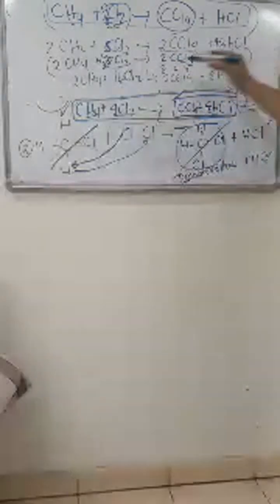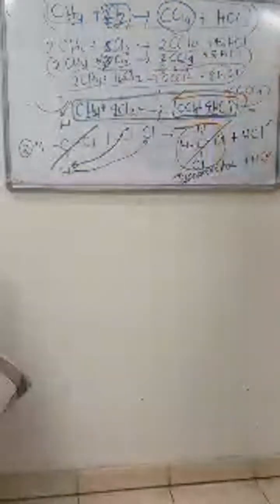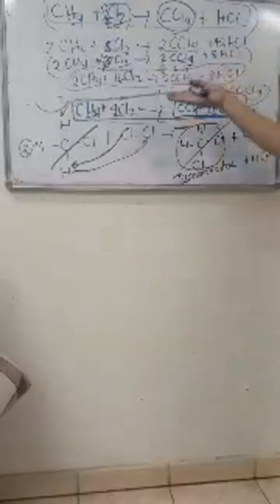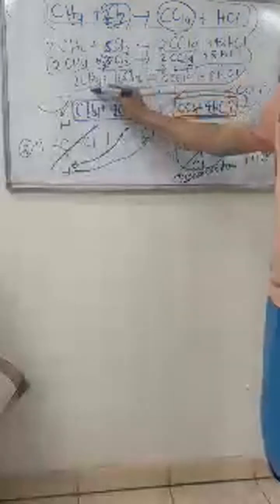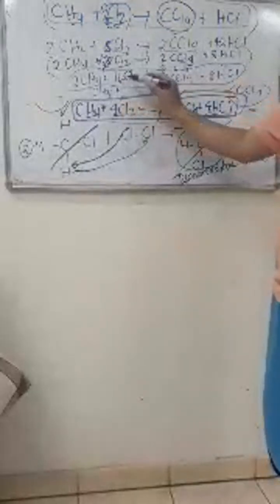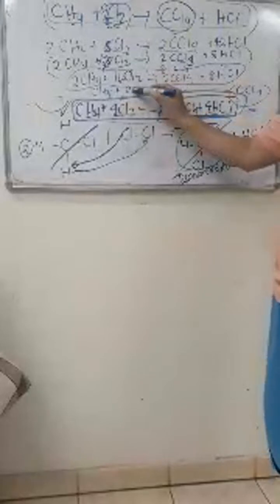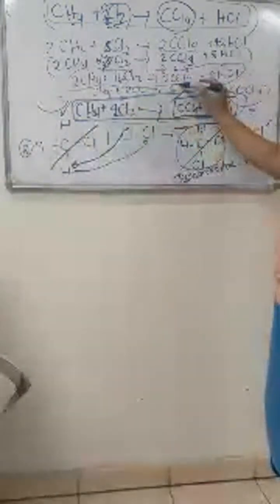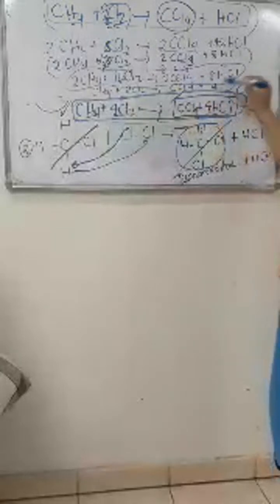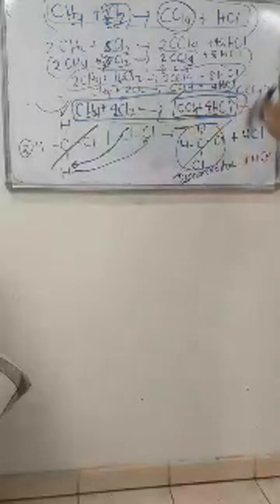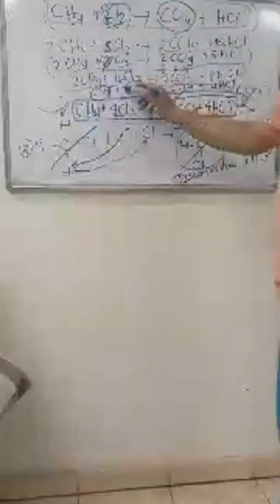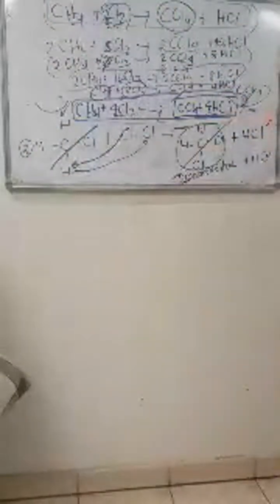Now, we have this one. Is that the same with here? Take note, it is divisible by 2. So it will become CH4, 16 divided by 2, 8 Cl2, CCl4, 4 HCl. So your product is correct, your CH4 is correct. Now, your HCl, there's a deficiency of 4.